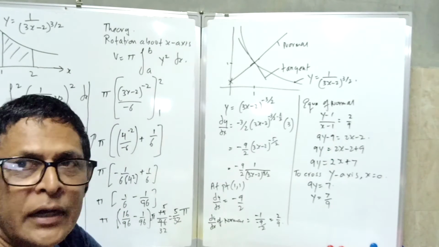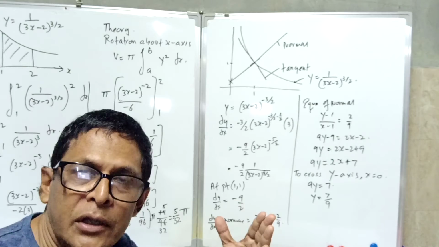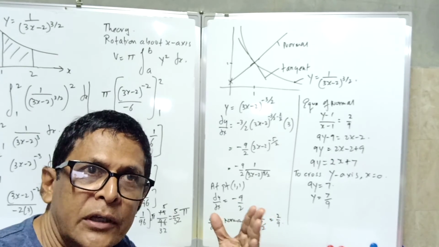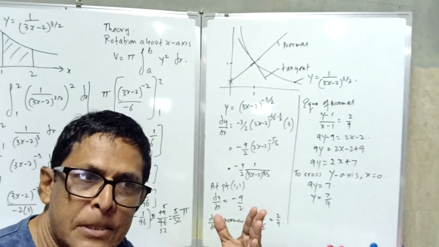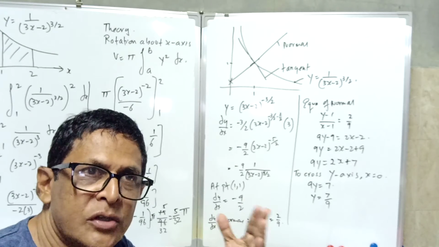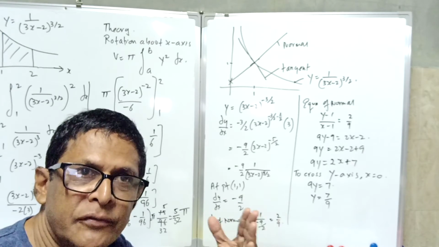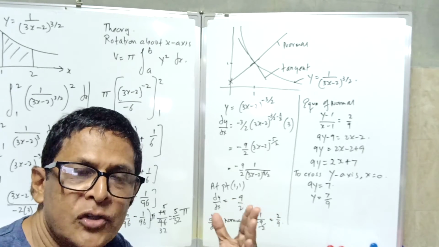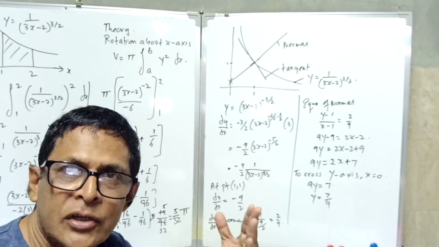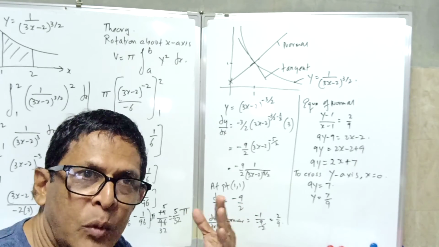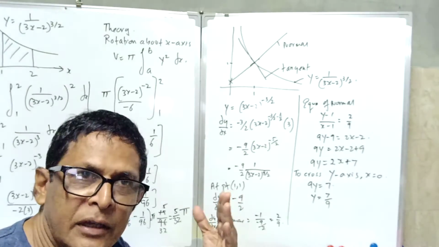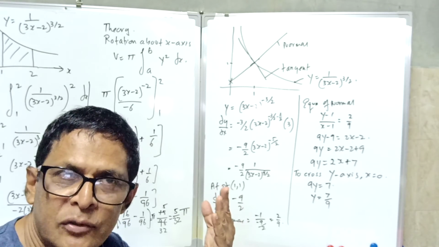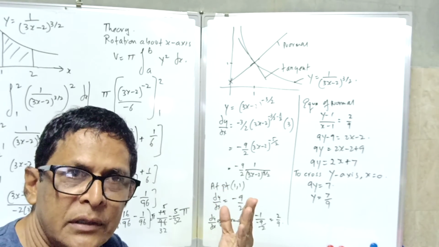Now, first of all, you have to find the equation of the normal. How to find the equation of the normal? You know the equation of the curve. You differentiate it. You will get the gradient of the tangent. Now, negative 1 upon the gradient of the tangent will give you the gradient of the normal.